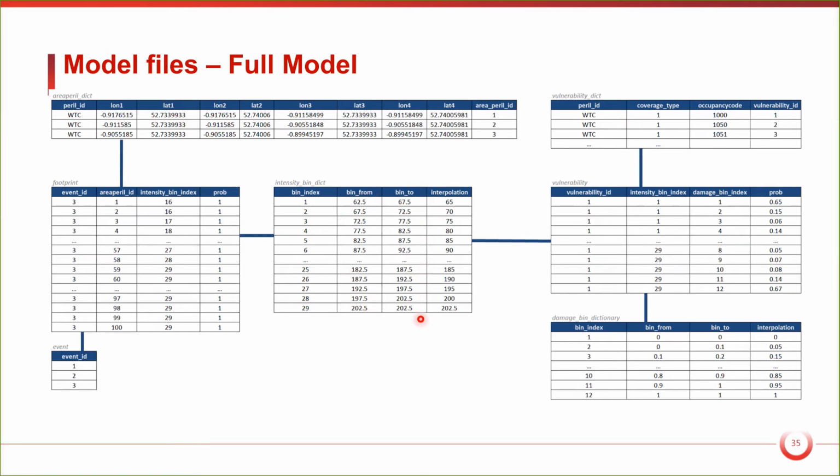If we were to do a flood model, these could be inundation depths. If it was an earthquake model, they could be peak ground accelerations. But in Oasis terms, they're just integer IDs which represent some kind of intensity. And we have events that have intensity, and we have vulnerabilities that have damage according to intensity. But the intensity can be anything from an Oasis perspective.